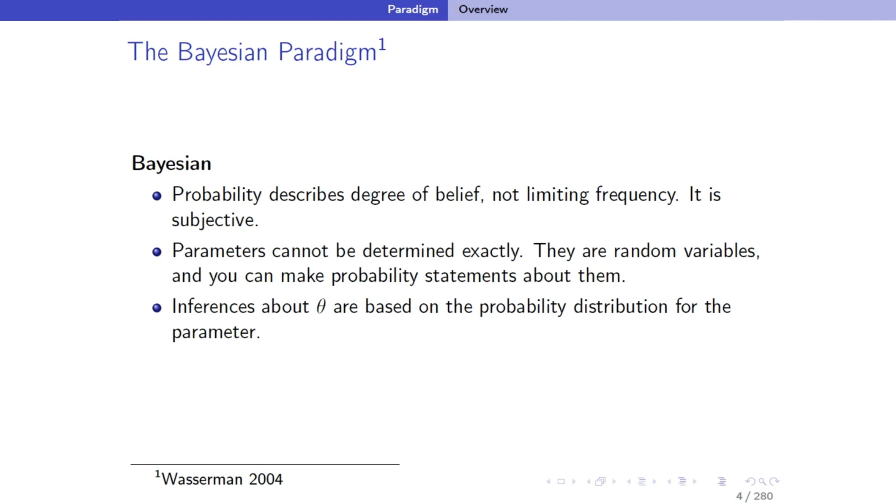So in the Bayesian paradigm, probability describes degrees of belief. What that means is what you personally think about how likely something is going to happen. So it's a rather personal thing. It's not a limiting frequency. So by definition it is very subjective.